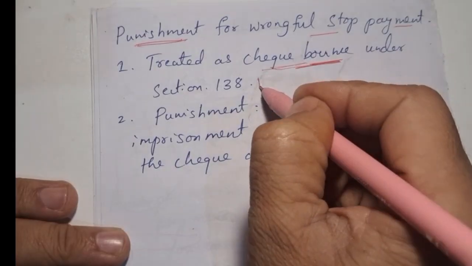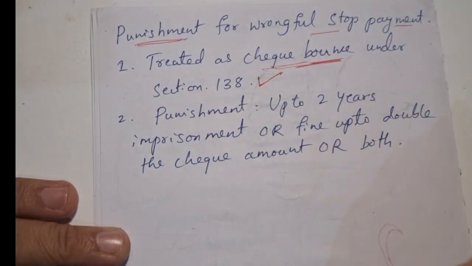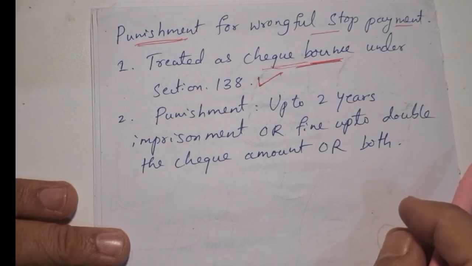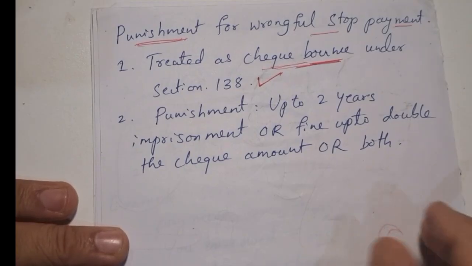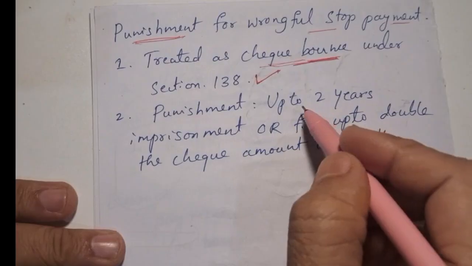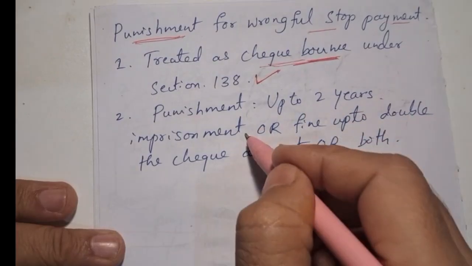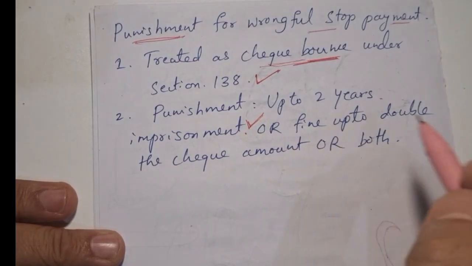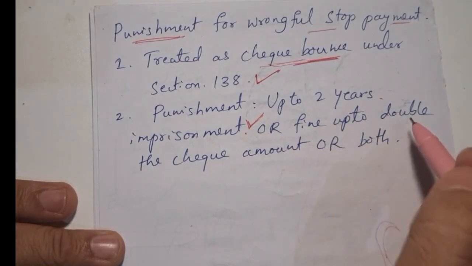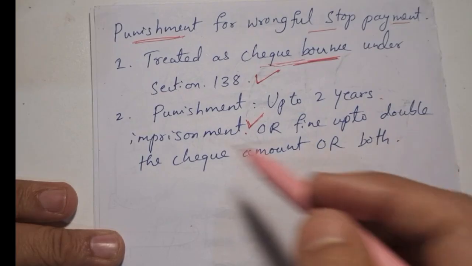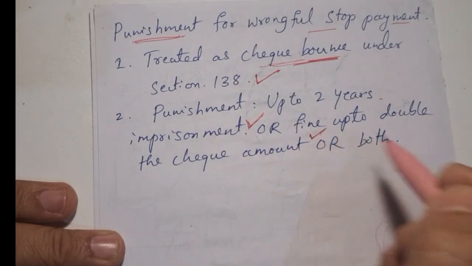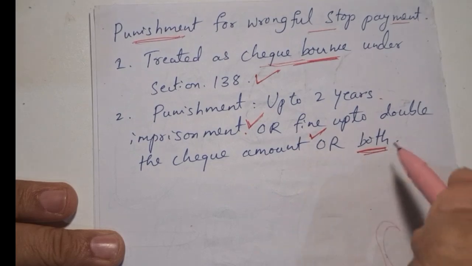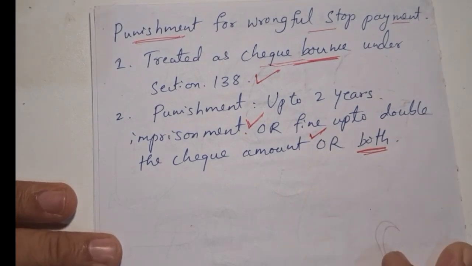The stop payment will also be eligible for section 138 if the instructions are given wrongfully. And the punishment is up to 2 years imprisonment if the matter is taken till judgment, and there is also going to be a fine up to double the check amount, or if the court thinks fit, both of them will be ordered by the court.